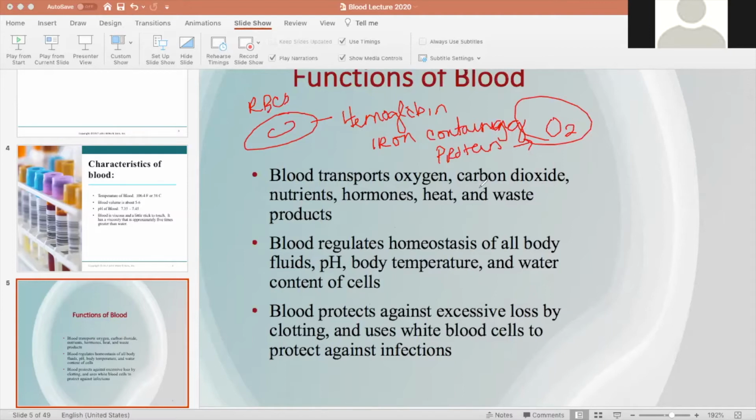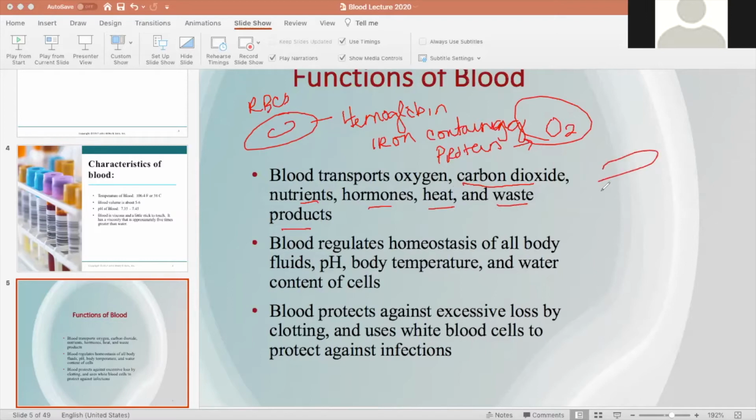Now, what we're also going to see later is that these red blood cells, when they distribute the oxygen, are also going to be able to pick up some carbon dioxide. And we'll talk about how the blood does that when we get to the respiratory system a little bit more. Nutrients and hormones and heat and waste products are all going to be carried throughout the blood.